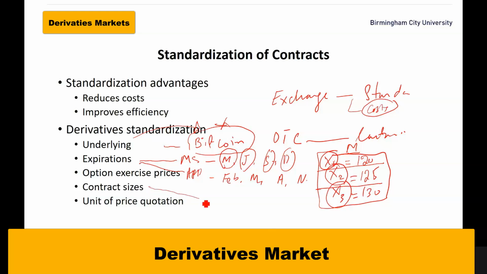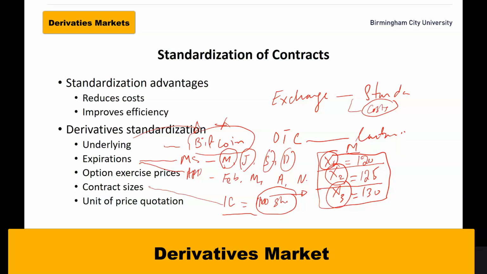Then we have the contract sizes. So for example, how many shares will be represented by one call contract? If I buy one call contract, the size of that contract, for example, is 100 shares of Apple. So this is determined by the exchange. It is standardized. Anyone who buys one call contract or one put contract on a stock of Apple or Microsoft or any other, if the size is kept at 100, that will be 100.